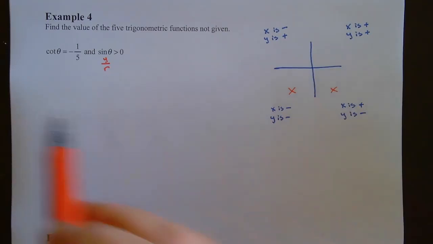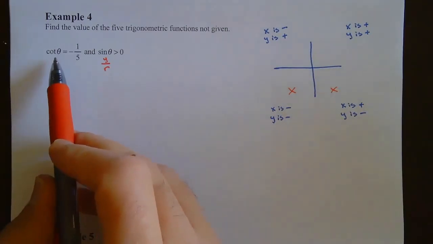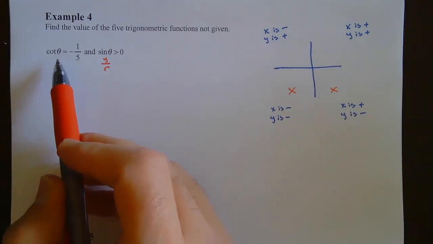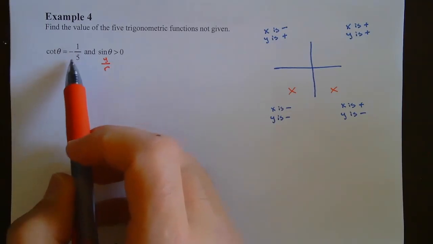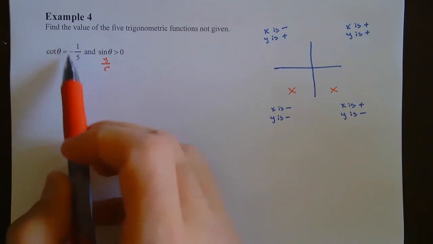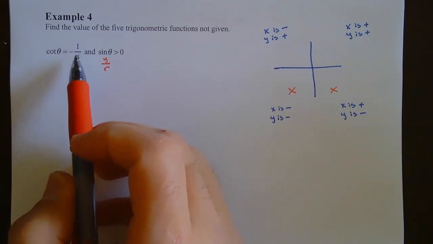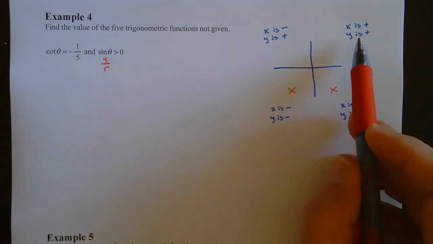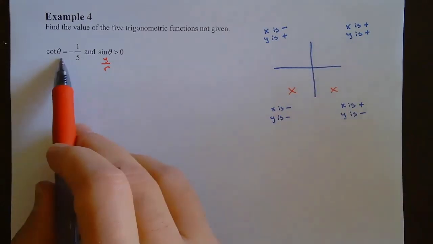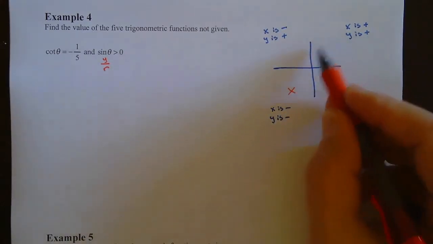Now I know cotangent is the reciprocal of tangent, and tan is y over x. Because this ratio is negative, I know my x and y have to be opposite signs. So by this piece of information, I can eliminate this quadrant right here.